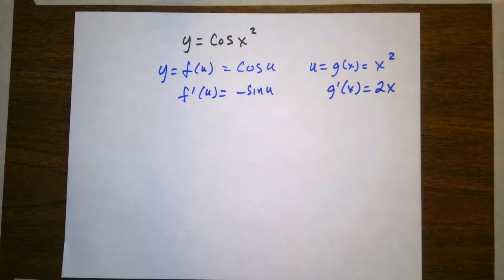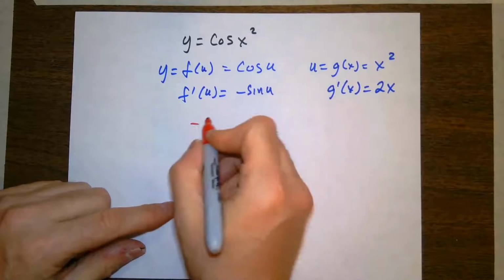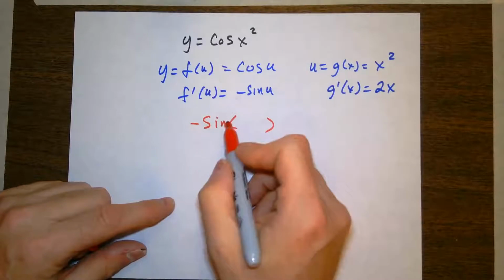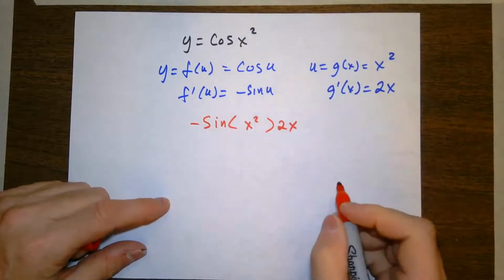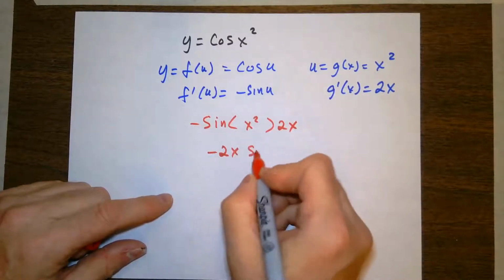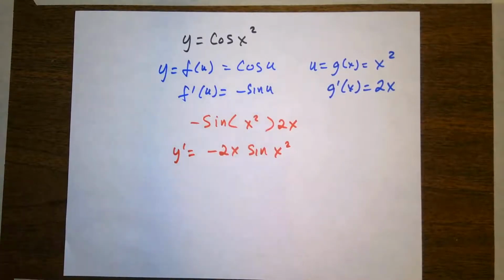So putting this all together, I'm going to have the outside, negative sine of u, times du. Now my u is x squared, times the derivative, 2x. And I could clean this up a little bit and say negative 2x sine of x squared. And there's my derivative, that's my y prime. The derivative of the outside times the derivative of the inside.